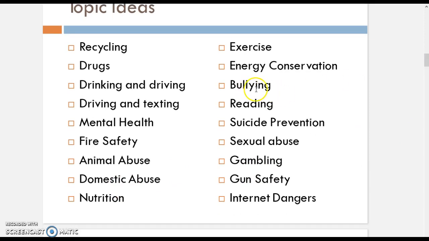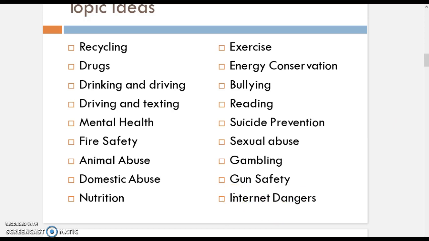bullying is one of those topics that you might want to narrow down. So you might want to focus on cyberbullying or bullying in elementary. But that's one of those topics that you should definitely make a distinction. Internet dangers, there's a lot of them. There's identity theft, there's cyber stalking, there's also cyberbullying. So this is one of those that you do not want to address all of them, but you want to pick one.